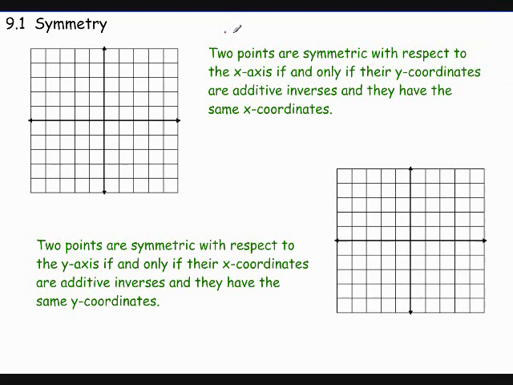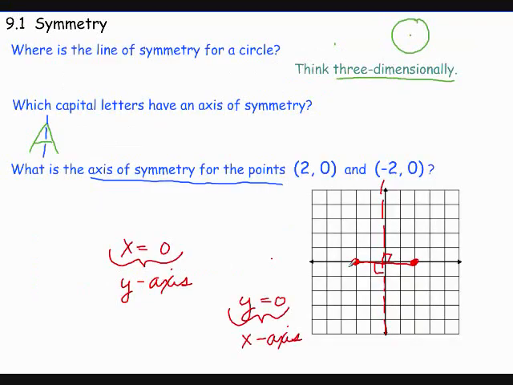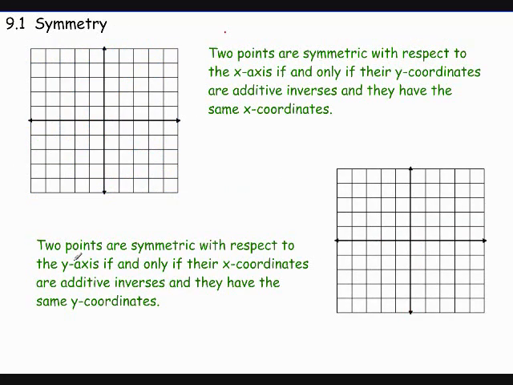Okay, symmetry. Let's think about this one. Here are 2 points which are symmetric with respect to the y-axis. Let's start there because that's what we were just looking at. What were those 2 points we had?